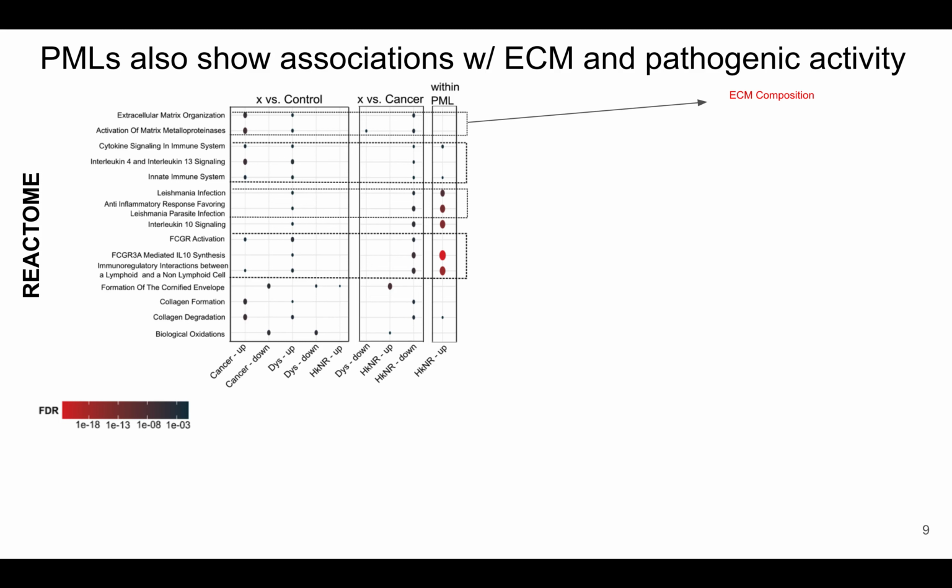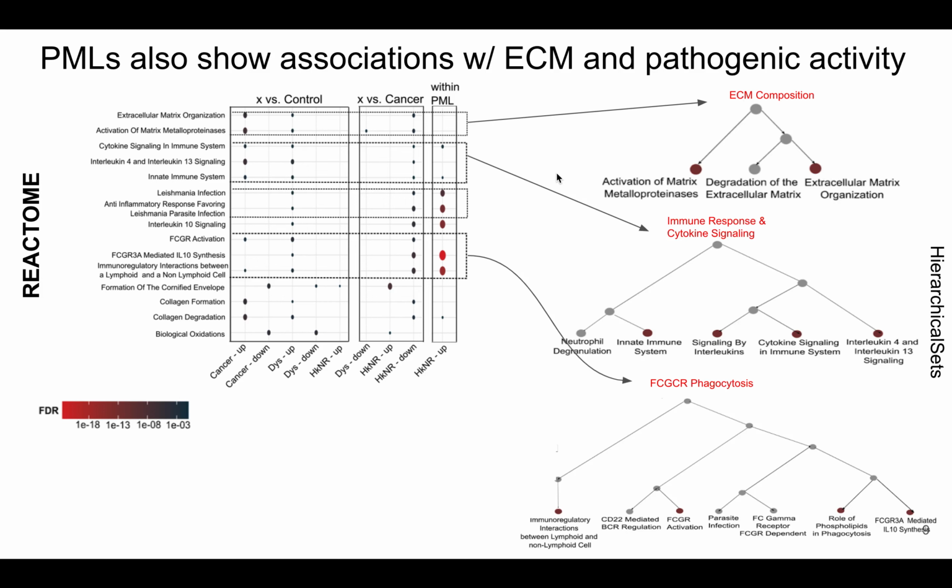The differential signatures were tested on this compendium, and we see that the PMLs as well as cancer are enriched for some of these patterns, such as extracellular matrix composition, that could arise from the degradation of extracellular matrix as well as the activation of matrix metalloproteinases.